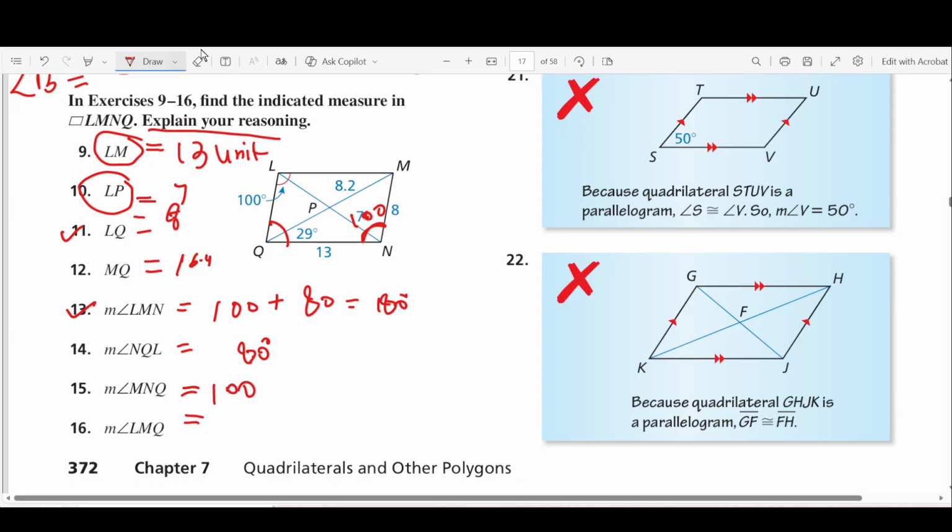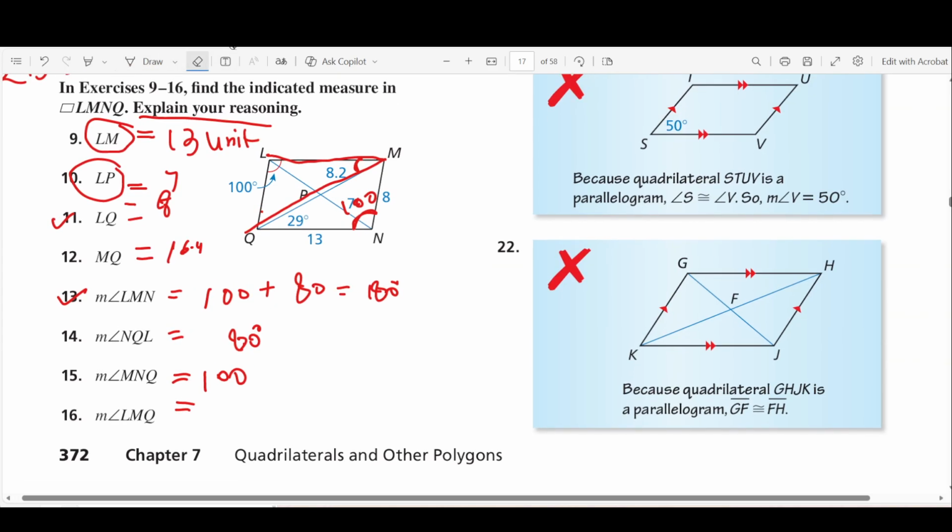LMQ. LMQ is already done. No, sorry, LMQ is this. Can you see? Because L, M, and Q is this. So how much is that? Okay, so divided by 2, I guess. Can you see this angle is given? 29. Exactly, 29.